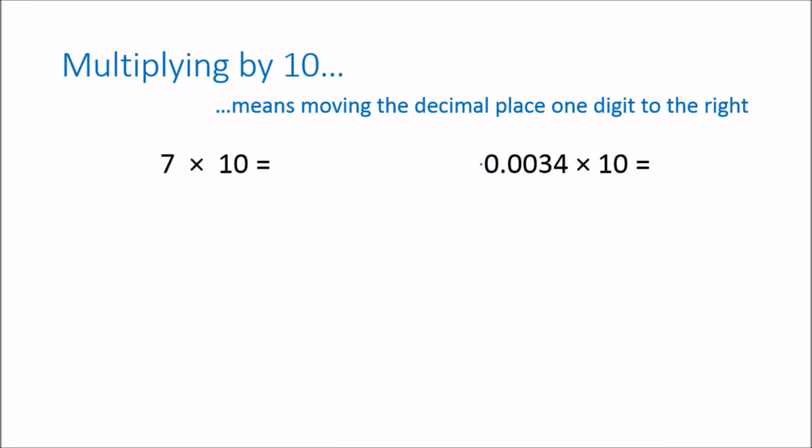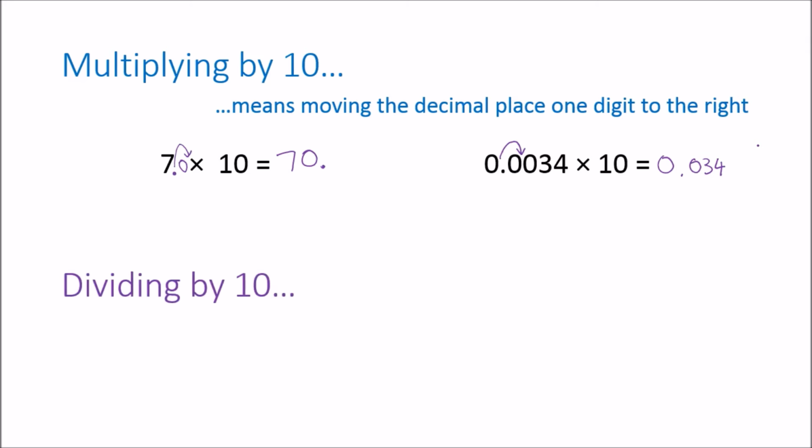So 7 times 10, we know that that is 70. And really that's because the decimal point there hopped one to the right and so landed right here. In this example, we would hop one to the right, leaving us with 0.034.